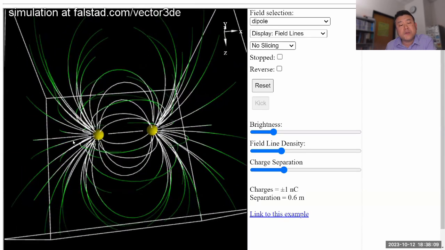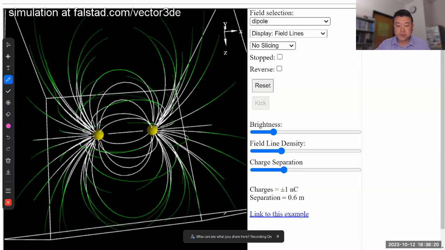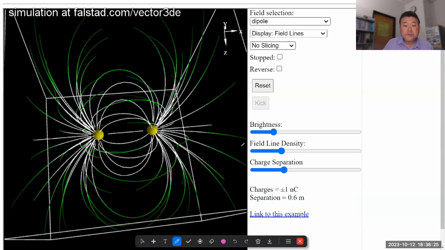When we draw electric field lines by hand, we usually indicate the direction of the field line. So let me pretend that this is the positive charge and this is the negative charge. Then as we draw the field lines, we would add little arrows so that we can tell the direction of the field. Assuming this is positive and this is negative, I would draw arrows that go in this general direction, and all the lines out of here will be pointing away from the positive charge.